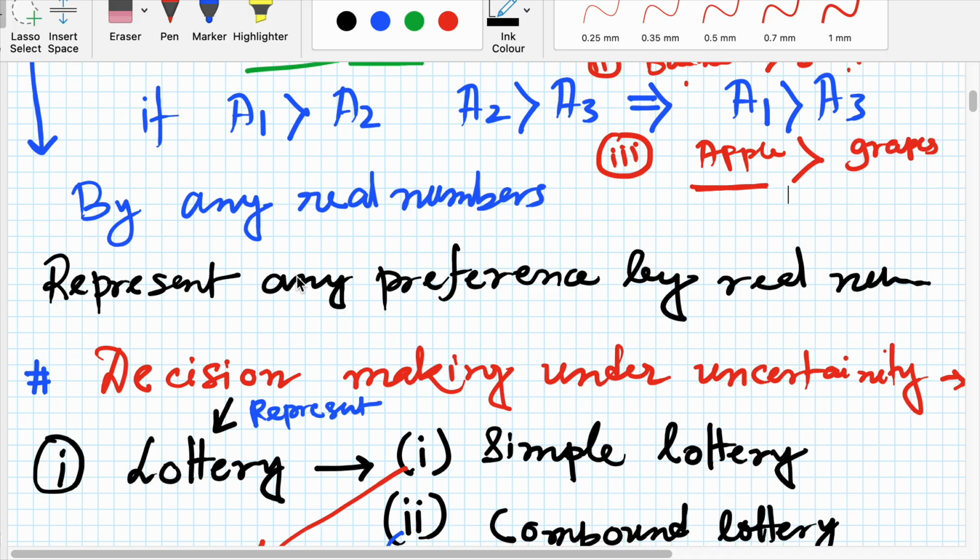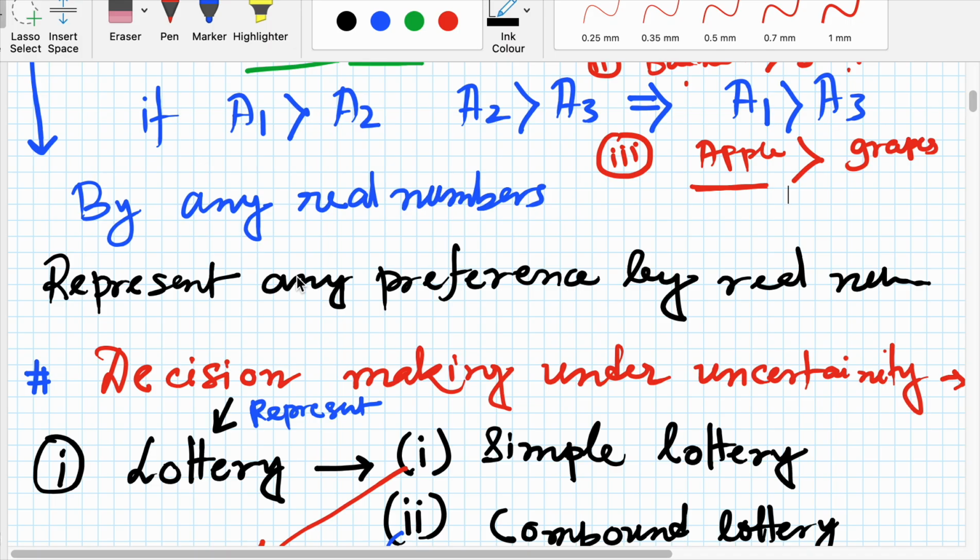After that, we talked about the other set of axioms, which are equally important for establishing expected utility theory. Those are crucial for decision making under uncertainty.